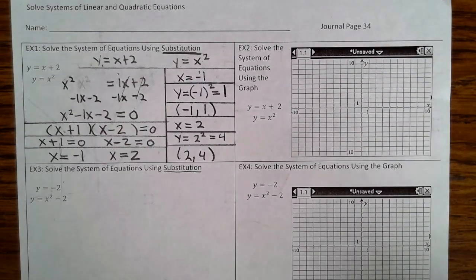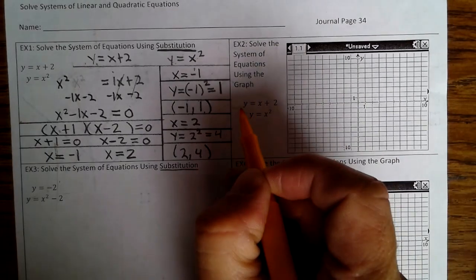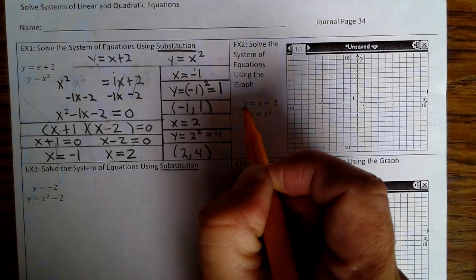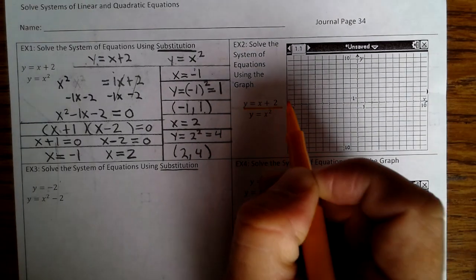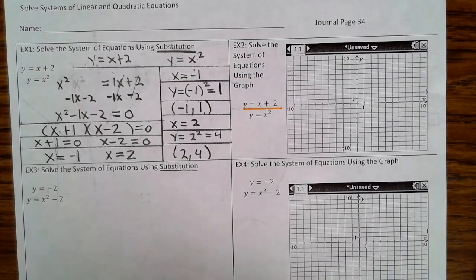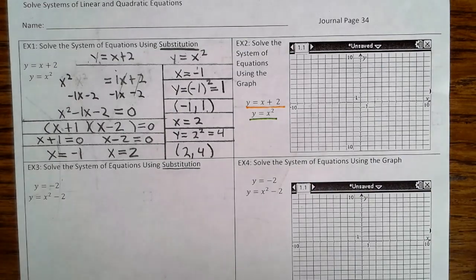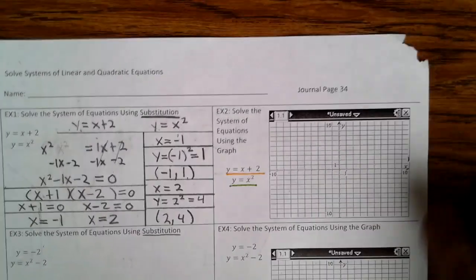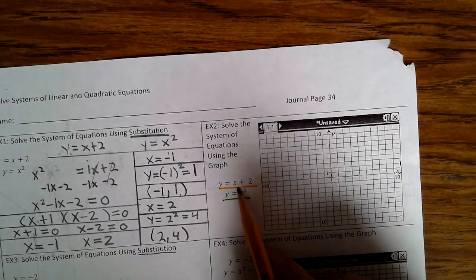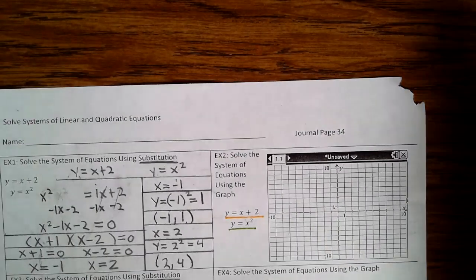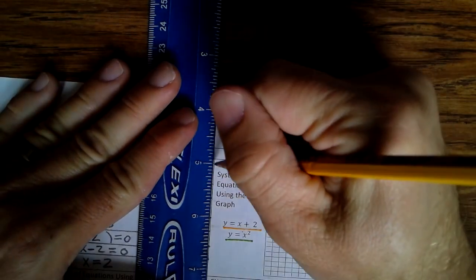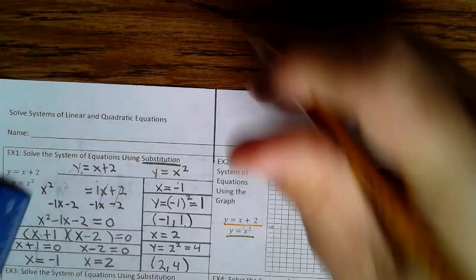Now let's solve that same system, but let's do it graphically. Okay. And so let's graph this in yellow. And let's graph this in green. Now to graph y equals x plus 2, let's add some space to this problem.